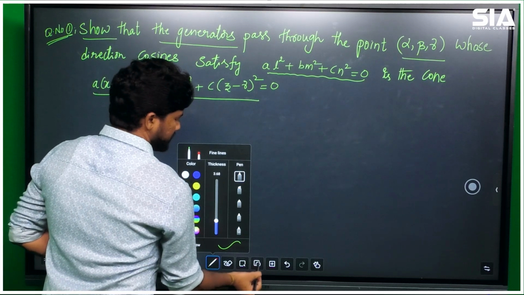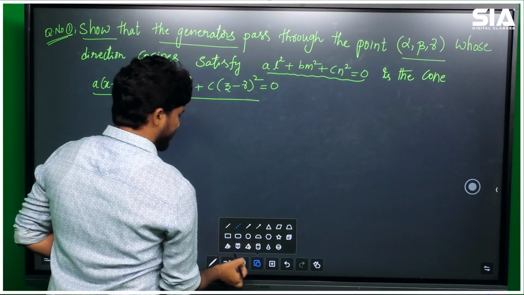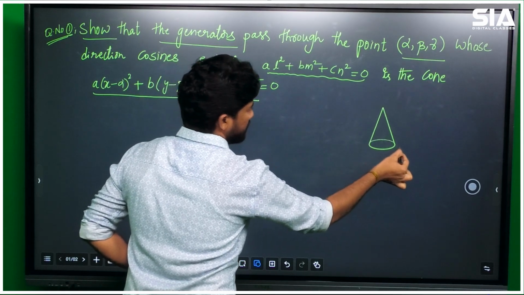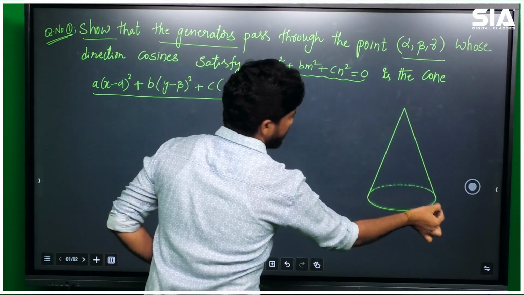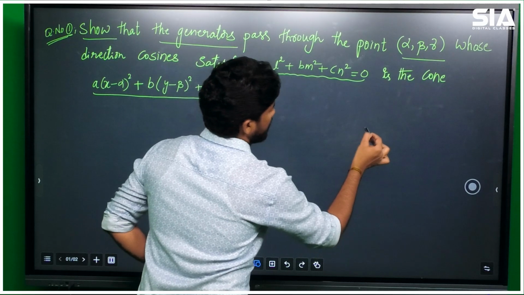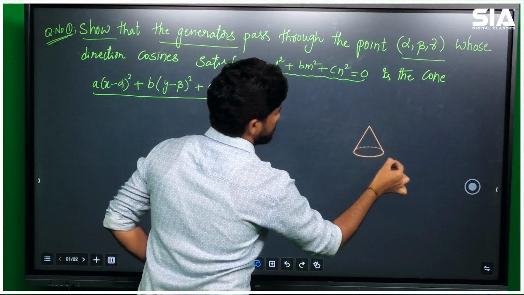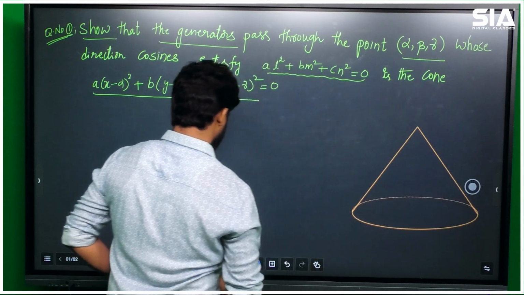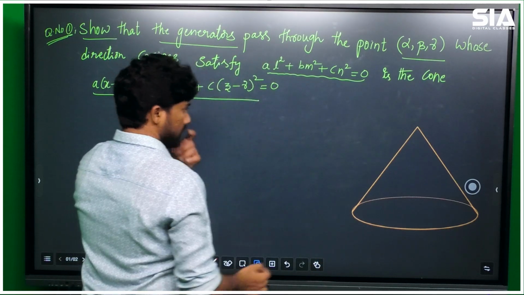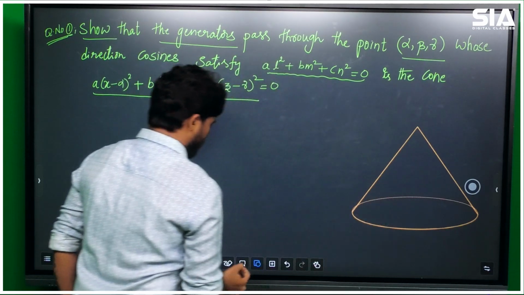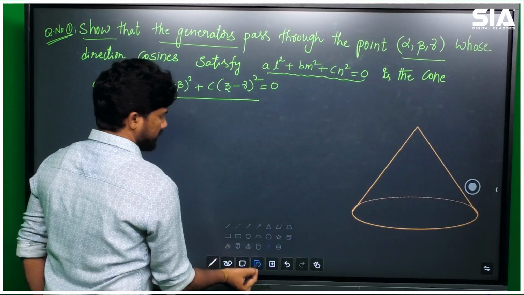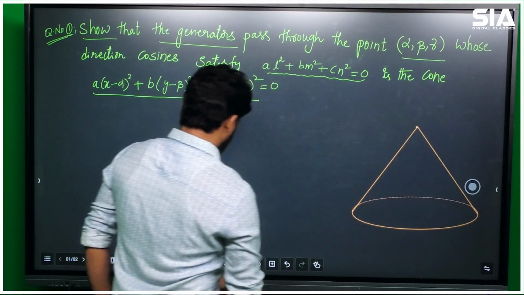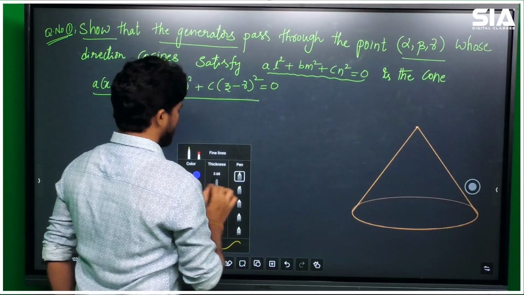You can see first of all the cone equation. For this problem, the diagram is very important. So this is our cone. Now here I am taking the generators. This point alpha, beta, gamma is the vertex of the cone.